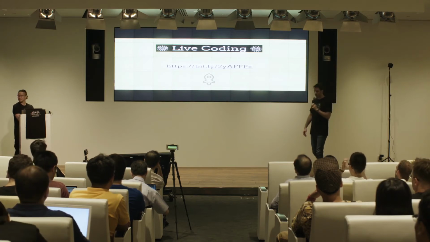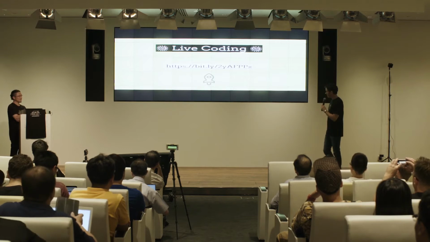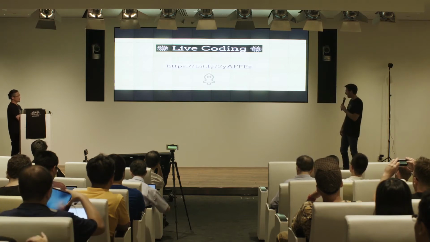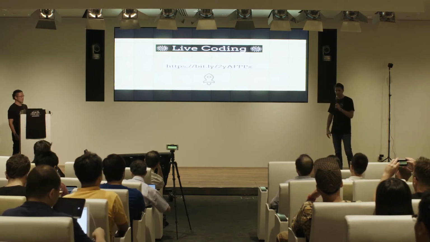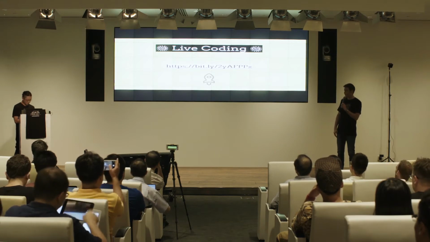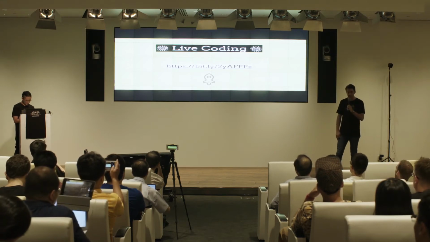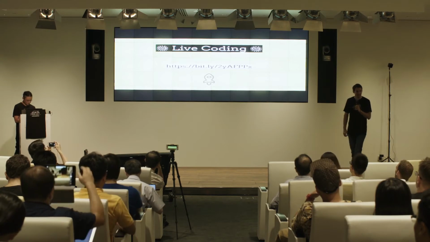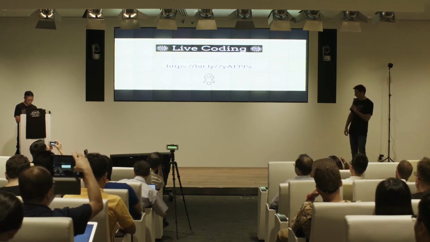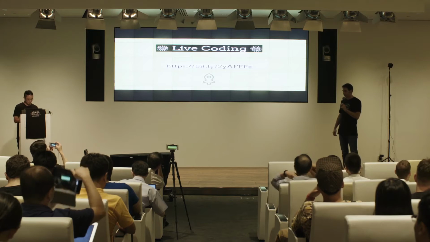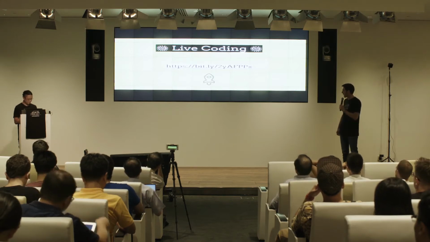So the URL is a bit.ly URL. It's 2 little y, big A, big F, big P, and a little X. Hopefully you got that. I'll give you just a moment to type that in before we change screen.